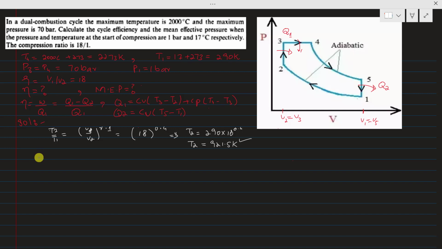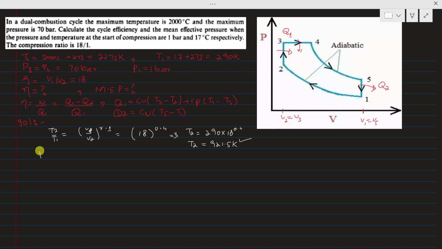Next we need to find the temperature T3. Before that, you will need to find the pressure P2. This is the constant volume heat addition process, so there is a direct relationship between temperature and pressure.